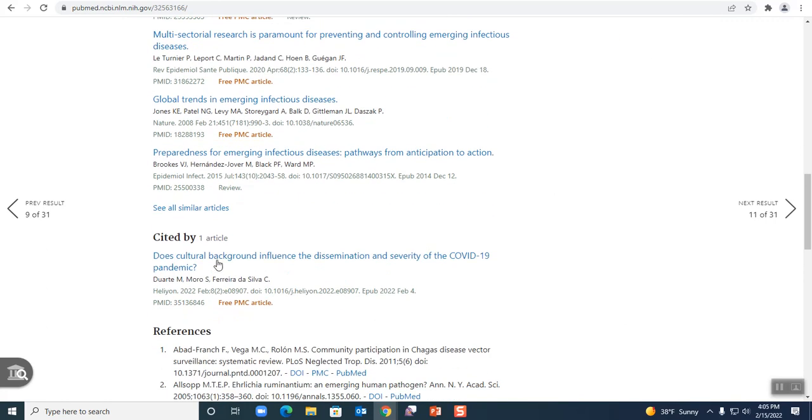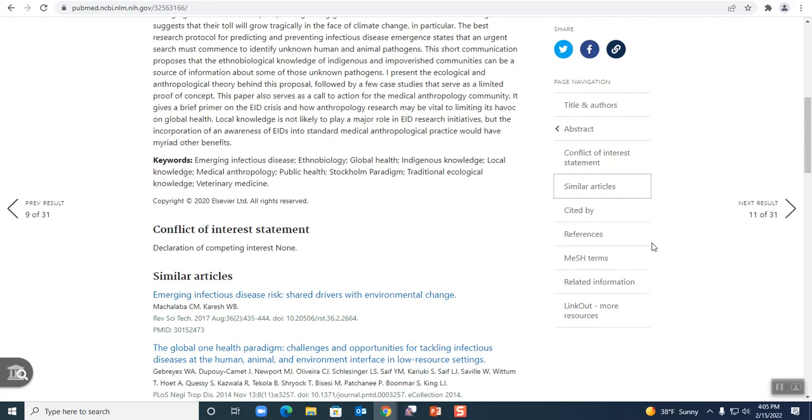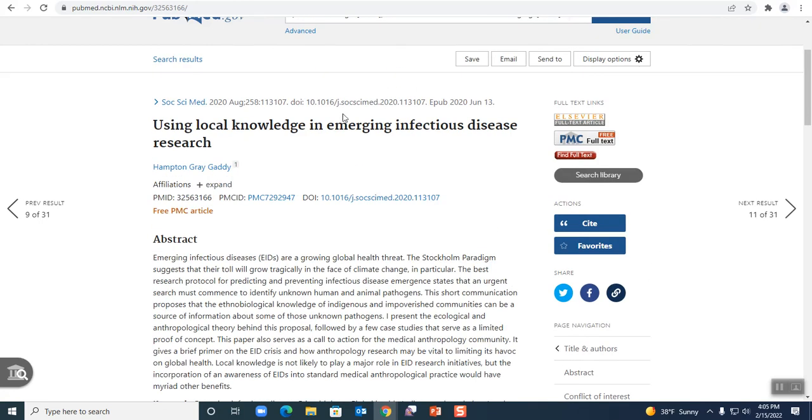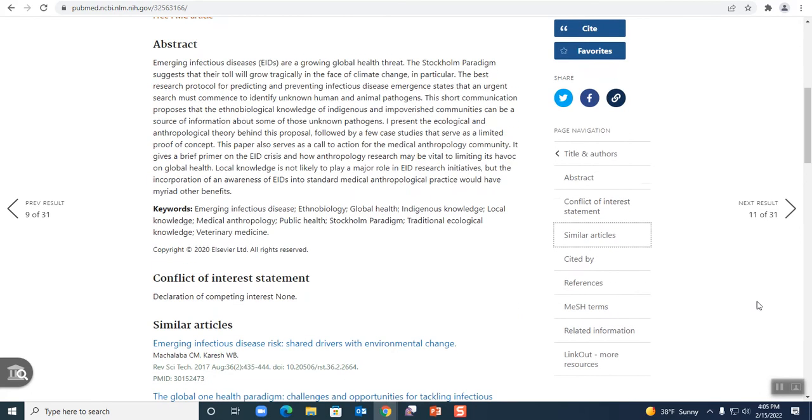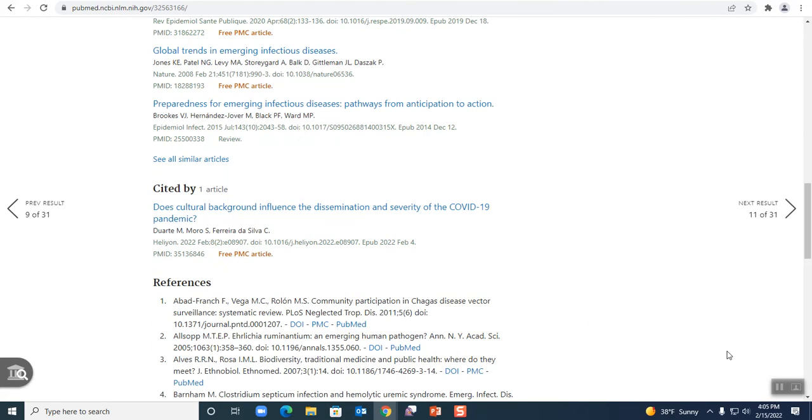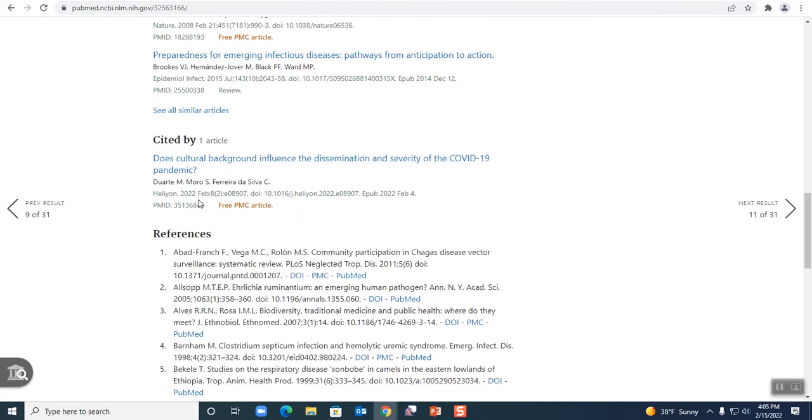And cited by: that article that was published in 2020 was cited in February of 22 by this person working on the pandemic, so you can look at that too. So you're going forward in time by 1 year looking at the cited by articles.